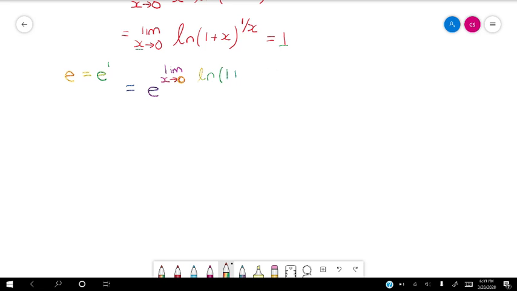Okay, so now we know when we take the limit of compositions of functions, we can take the limit of the inside function first, or we can move the limit to the outside of the whole function. That was chapter 2 stuff.